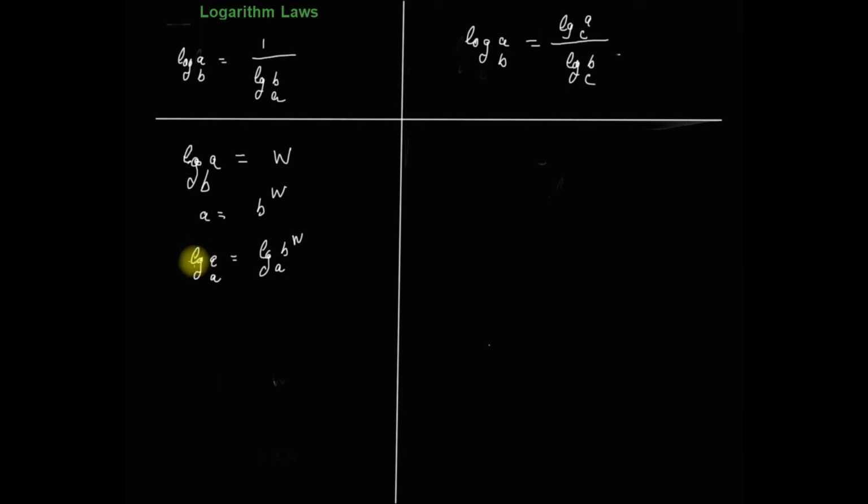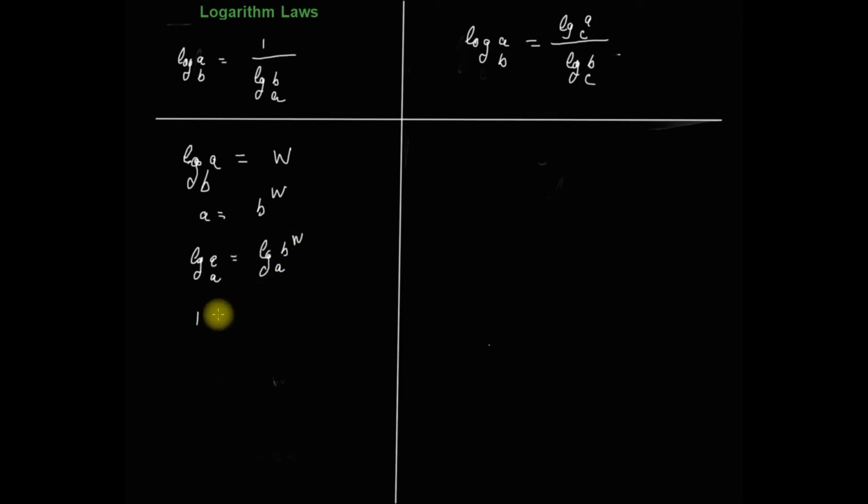Now, log of a in base a is 1. Logarithm of any number in the same base, i.e. if the base and the value that we're trying to calculate the log of are the same, this will be equal to 1. That comes straight from the definition of the logarithms.